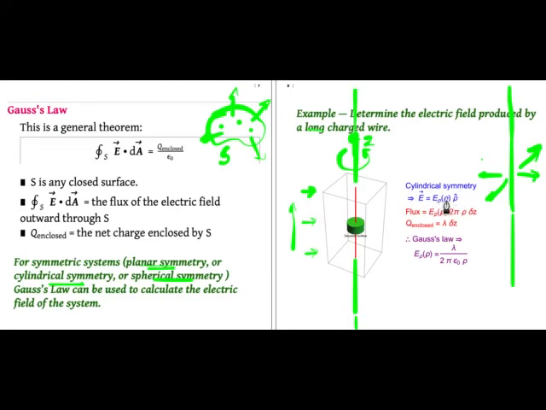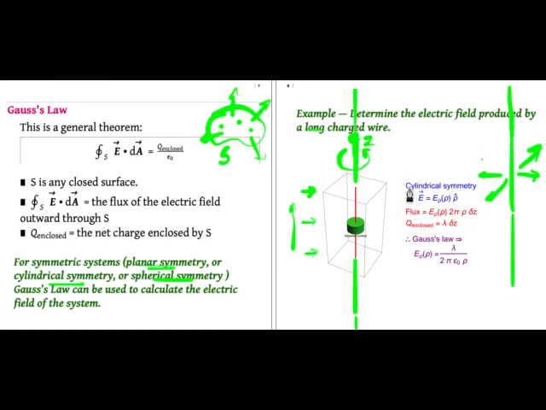And its magnitude can only depend on the distance from the wire. It can't depend on the z position because I have translation invariance in z. And it can't depend on the angular position because I have rotational symmetry around the axis.